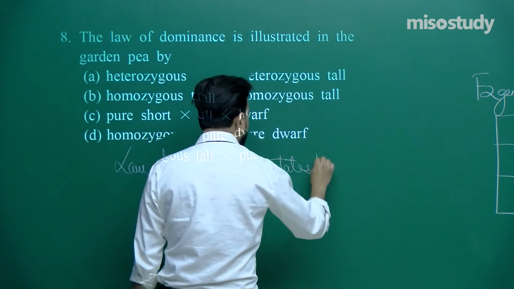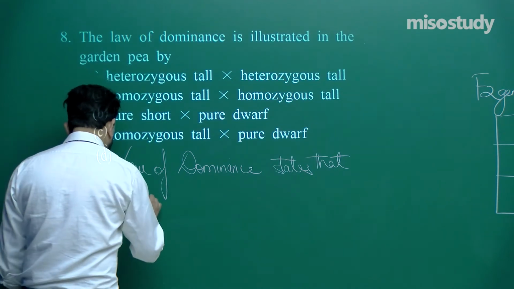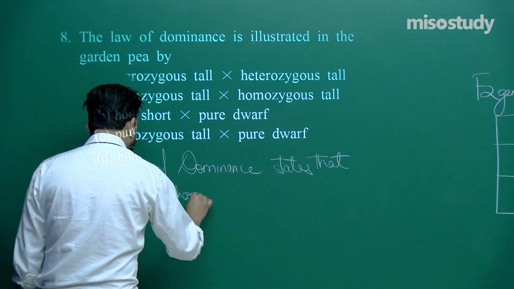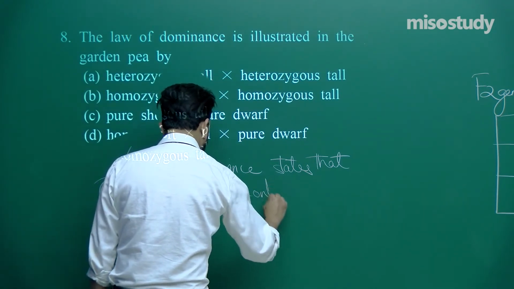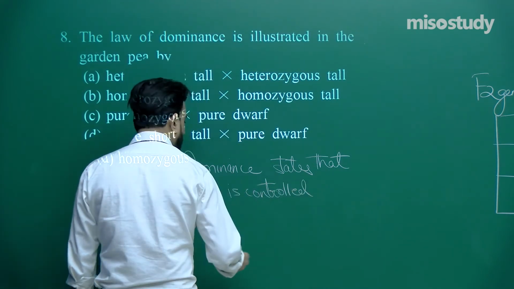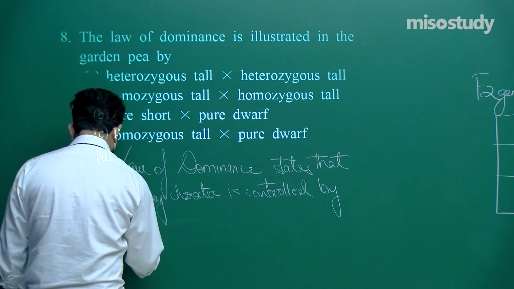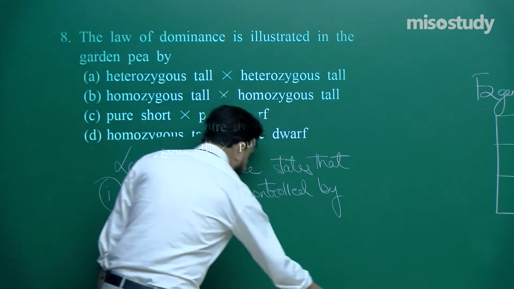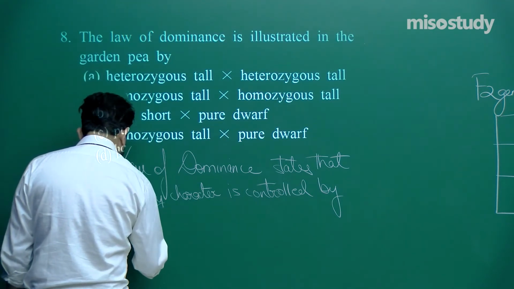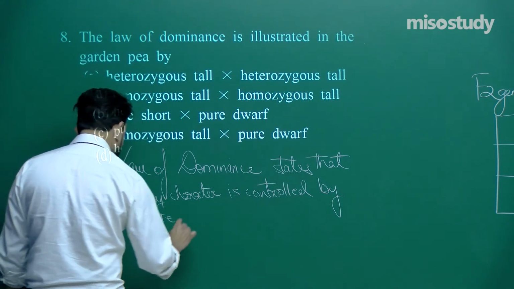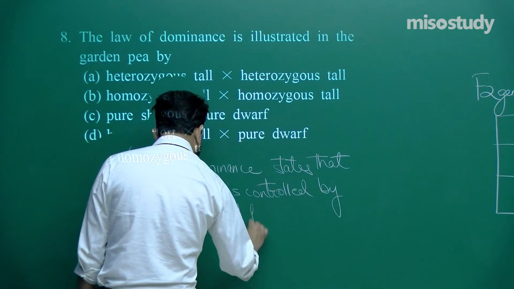It states, number one, that every character is controlled by discrete units called factors.